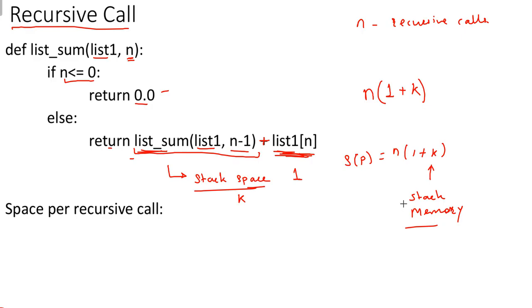The code is very compact, you can write it in a minimum number of lines, but it consumes more space. That is because of the stack memory, and it depends on how much space is required to store this function, plus 1, into how many times the recursive call has been made. That is why it consumes more space. Okay, so yeah.